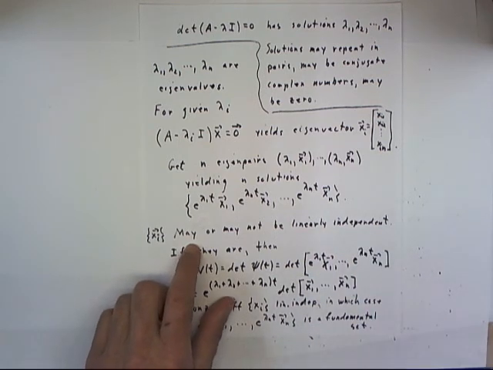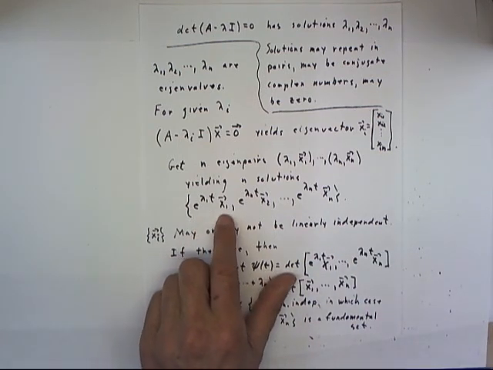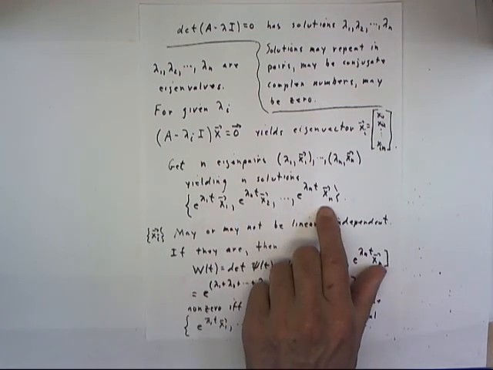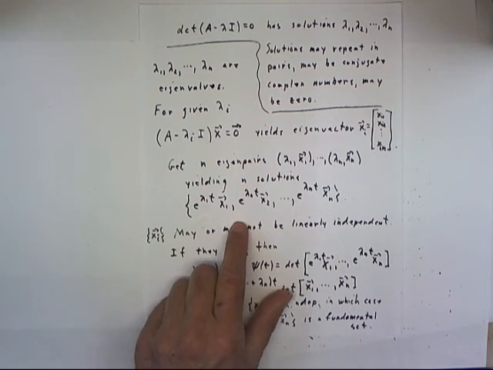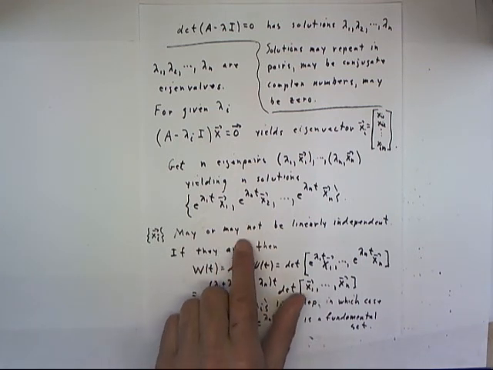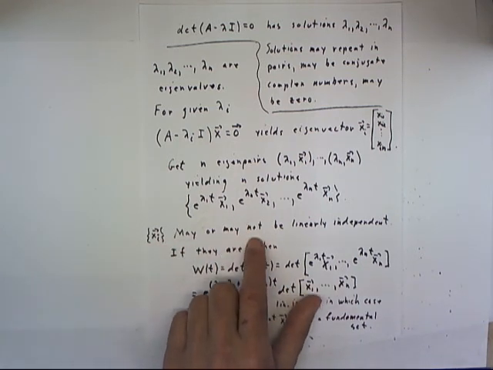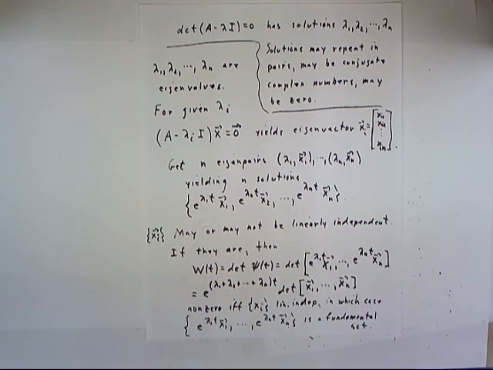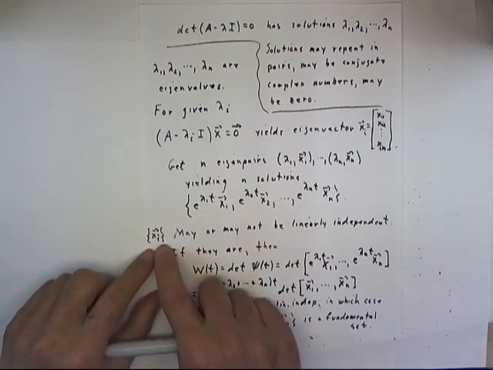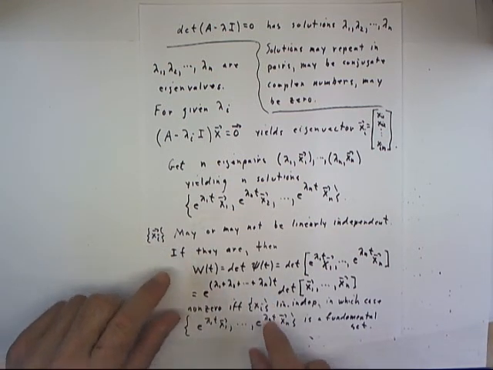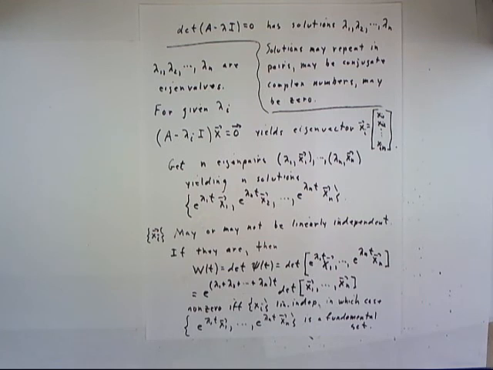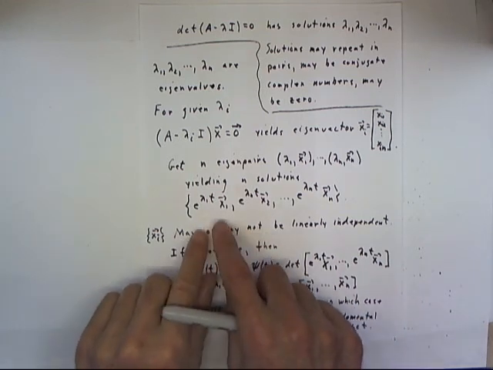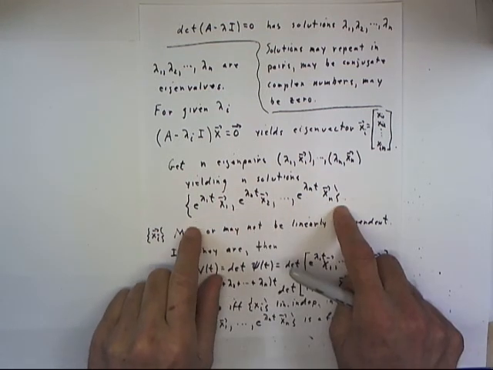If we get repeated eigenvectors, we could end up with duplicate solutions here, which would ruin our linear independence. So that and other factors might influence whether this set is linearly independent. If, however, these are linearly independent, then it's going to turn out that this is a fundamental set.